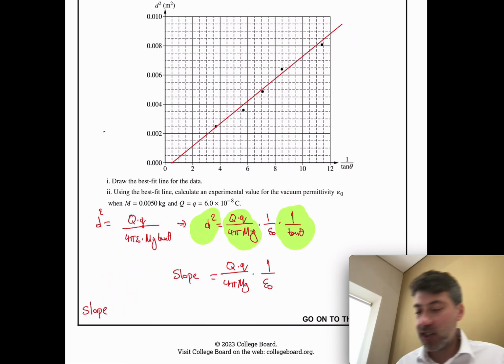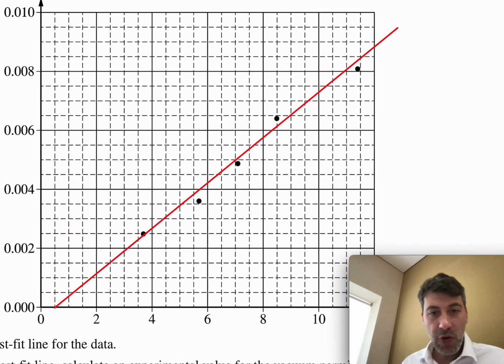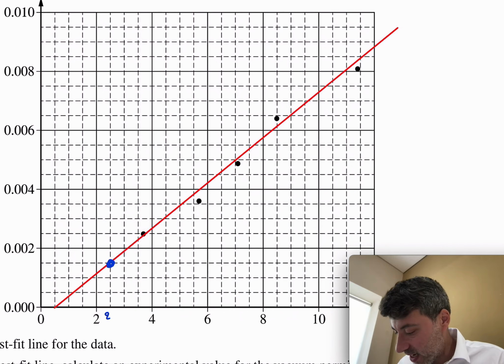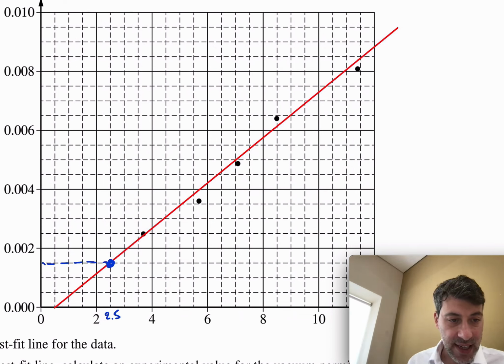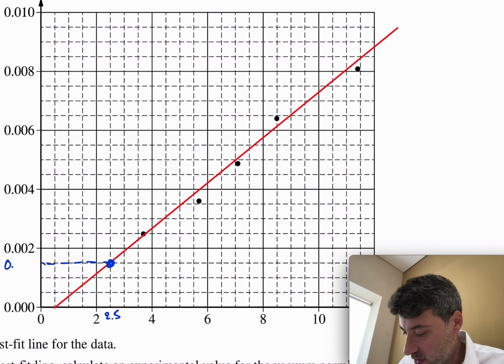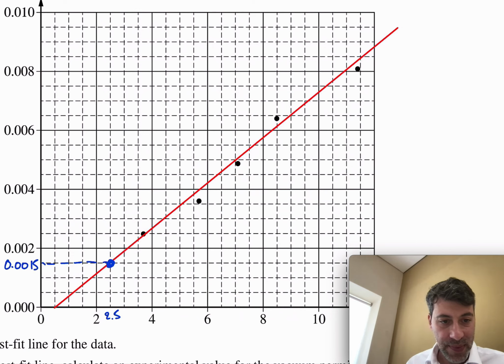In order to figure out the slope, we'll go to the graph and we'll carefully select any 2 points that belong on the line, and we can clearly see the values. Now, one of the points that I see is here. We can clearly see that the value here is exactly 2.5, and the value here is 0.0015.